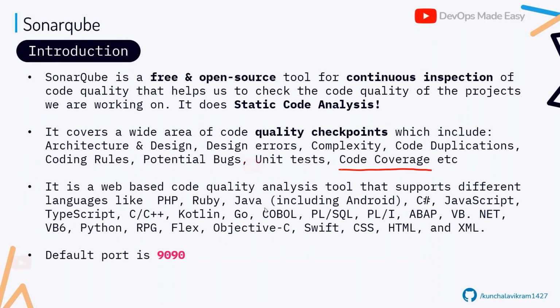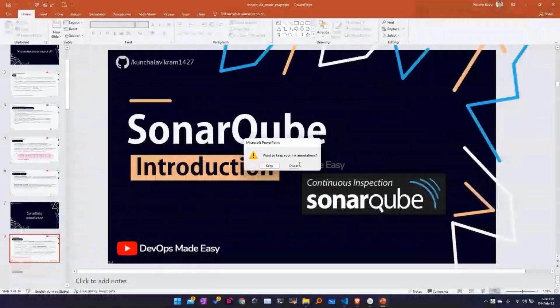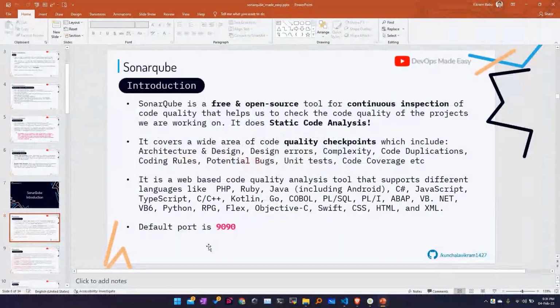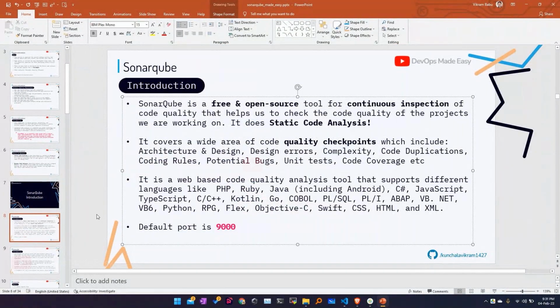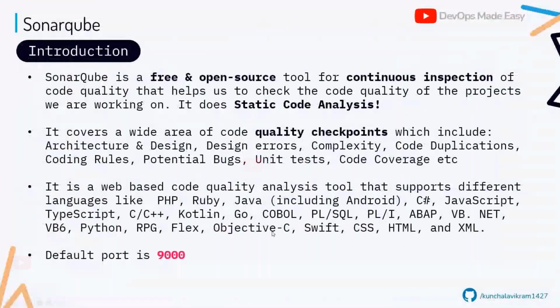Understood, guys. By default SonarQube runs on 9000. I might have wrongly put it over here; we'll see from the configuration also. Default port is 9000. Since your Jenkins is running on 8080 and your Nexus is running on 8081, this is running on 9000.